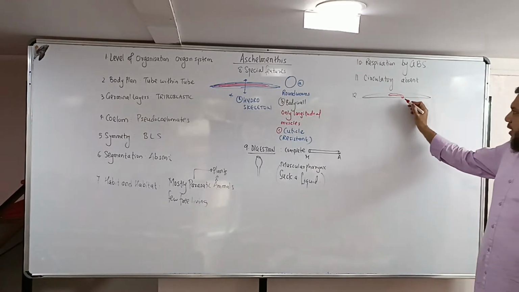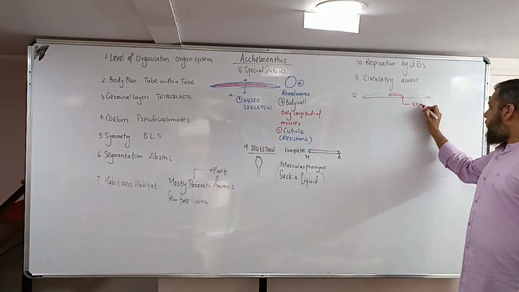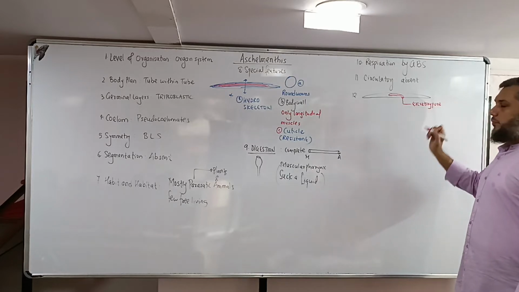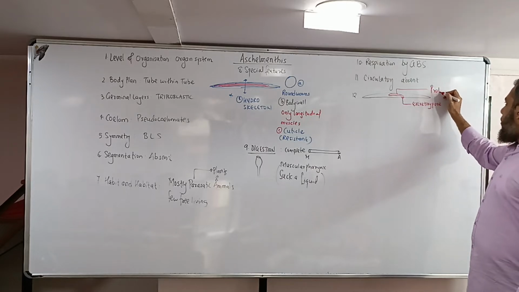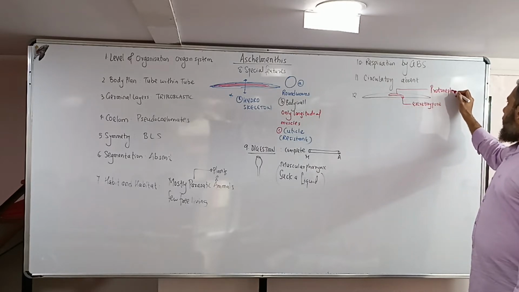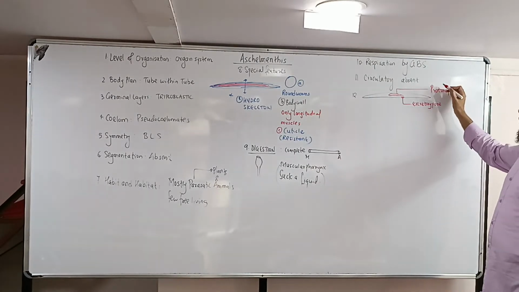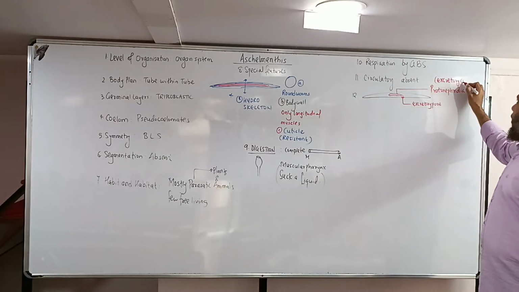And do you see it opens out? This is called an excretory pore. And the tube is called the protonephridia, or I'll call it an excretory canal.